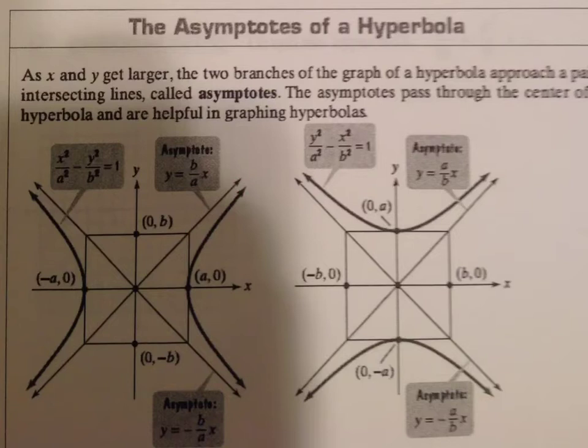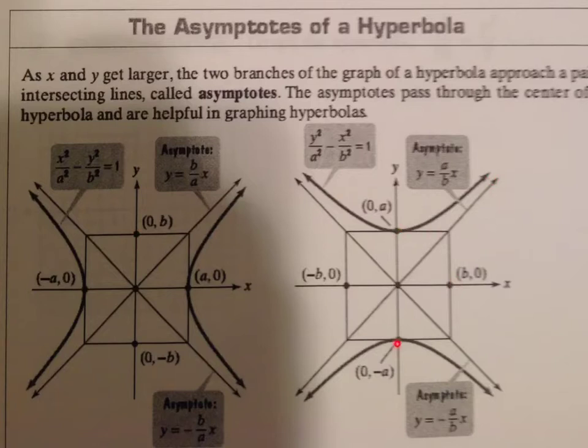These lines always go through the origin, because it's a hyperbola centered at the origin, and they go through the corners of the box that ends up being where the vertices meet the square root of b squared. That'll be on the up and down if it's a horizontal hyperbola, and here and here if it's a vertical hyperbola.